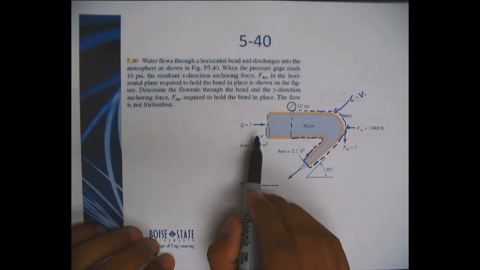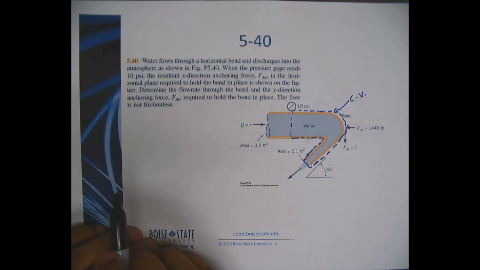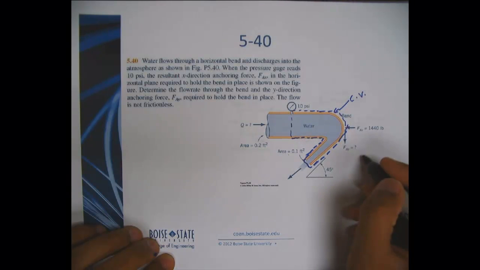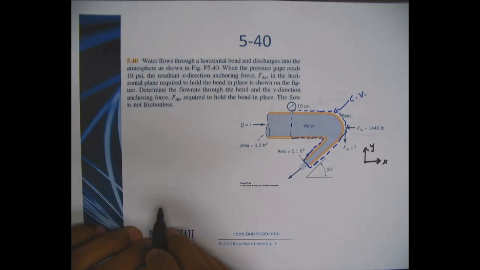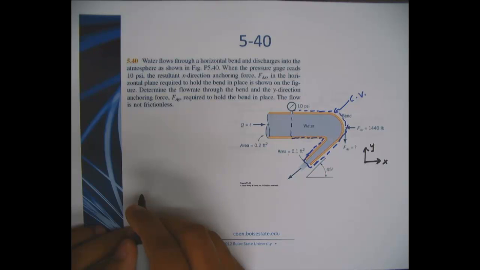Since in the first case we are asked to find the flow rate through the bend, let's apply, and if I say this is my positive x, this is my positive y, the linear momentum conservation equation in the x direction.